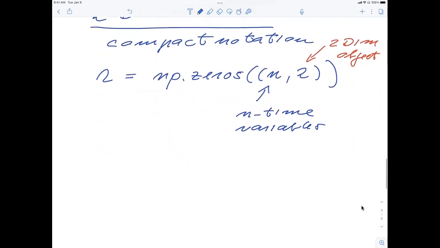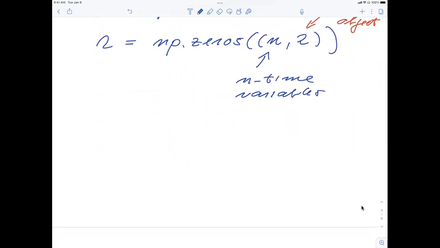And one way you could do this now is as follows. So in reality, this becomes a matrix. It's a matrix, for those of you who are familiar with linear algebra, of dimensionality n times 2. But this is hidden for us because NumPy does this behind the curtain. And it gives us a very compact notation.